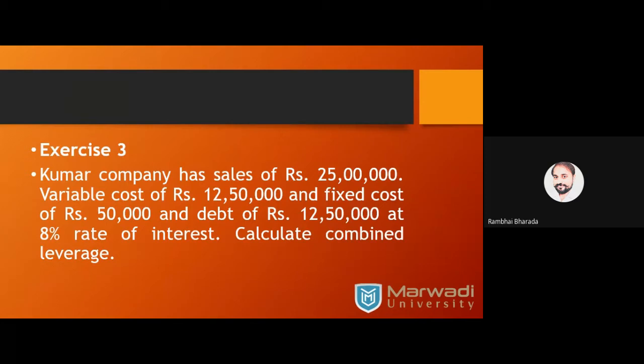Okay, 1.09. And last calculation for us, that is combined leverage, and combined leverage is equal to OL into FL, is equal to 1.04 into 1.09. Tell me the final answer.